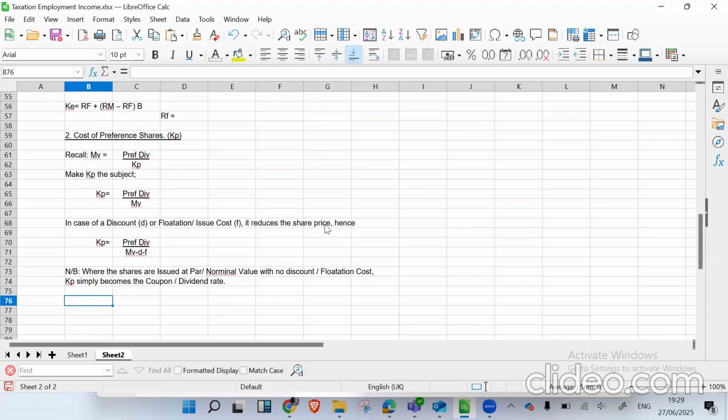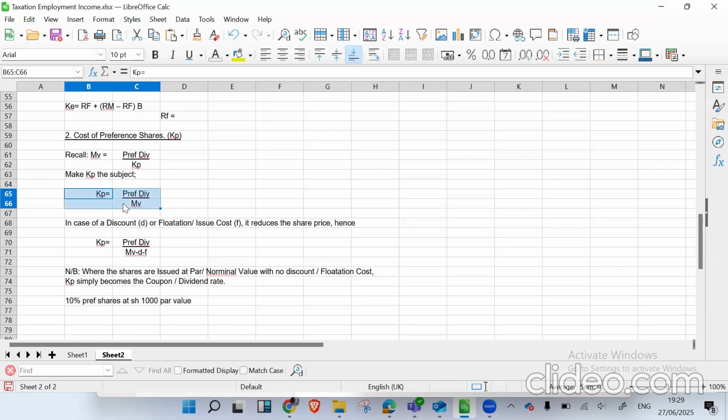So unapata examiner amekwambia kuwa the company issued, for instance, 10% preference shares at shillings 1,000 par value. Napata kaswali kama hako. You know that hakuna discount, hakuna flotation cost.